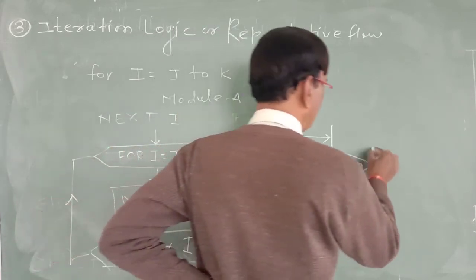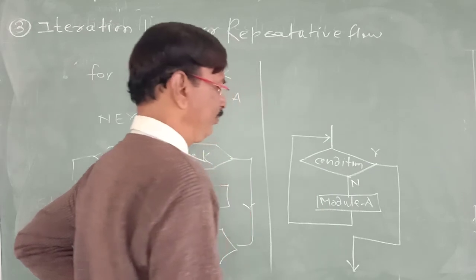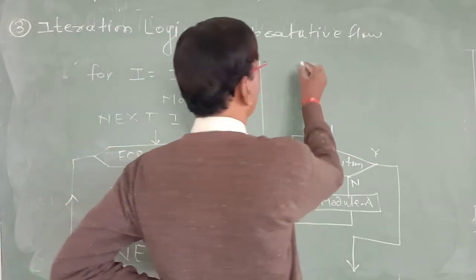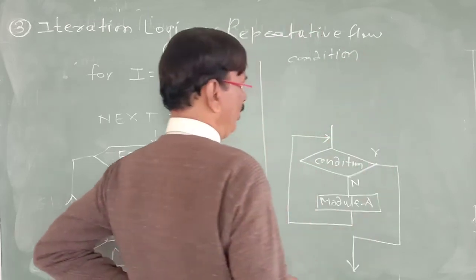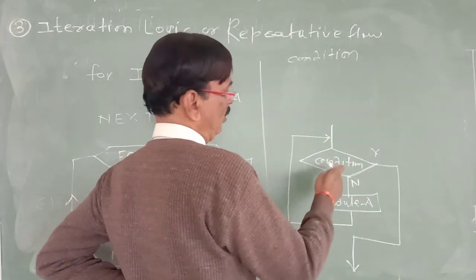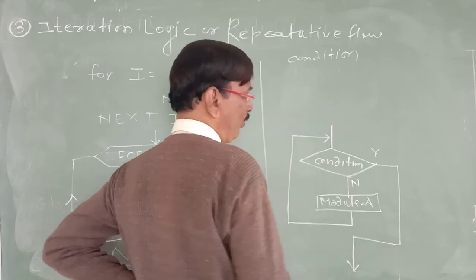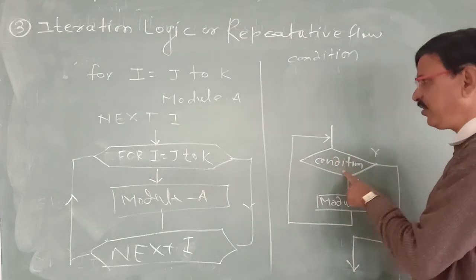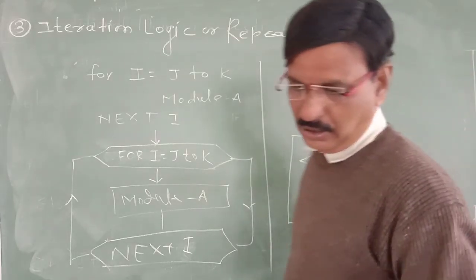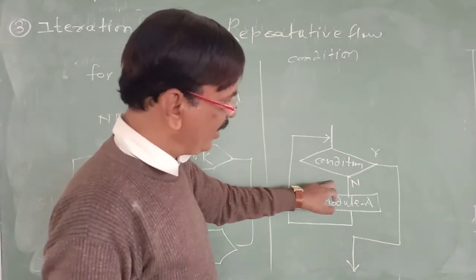If the condition is true, then you stop. So the condition is verified first, and module A is executed.